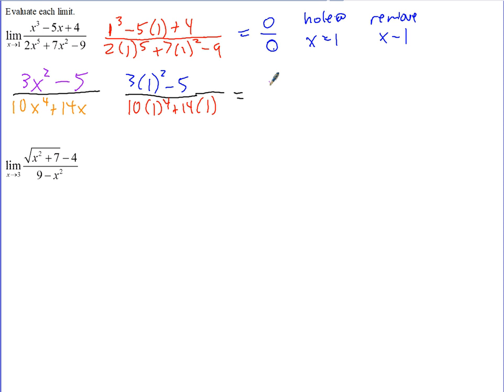So you end up with 3 minus 5, negative 2, over, that's 10 plus 14, 24, which you can reduce to negative 1/12. So that would be your limit. And notice that's a general limit. That's what it's approaching on both sides, so that's also your left and right hand limit if you're asked about those. So here L'Hopital's rule is a big time saver.